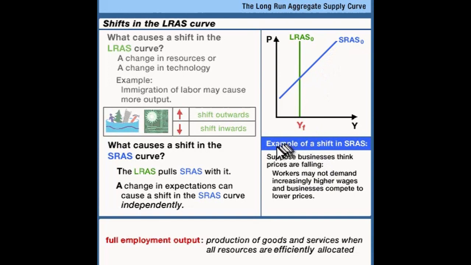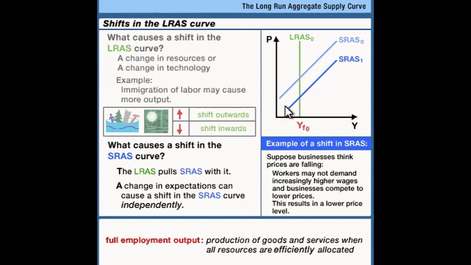What happens then when people expect lower prices is they build those expectations into their decisions, into their negotiations, into their wage contracts, and so forth, so that the short-run aggregate supply curve shifts downwards, so that you can get a given level of output now at a lower price level. This is the one thing that shifts the short-run aggregate supply curve independently of the long-run aggregate supply curve: people's expectations about the price level.